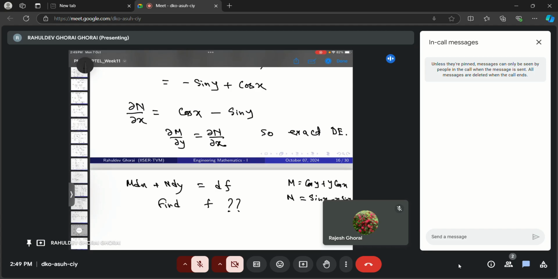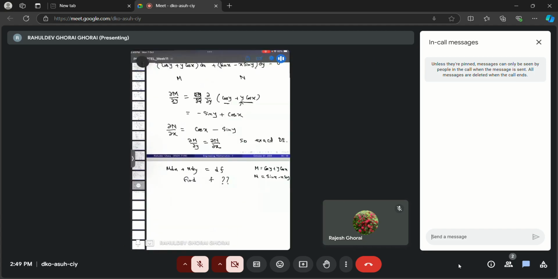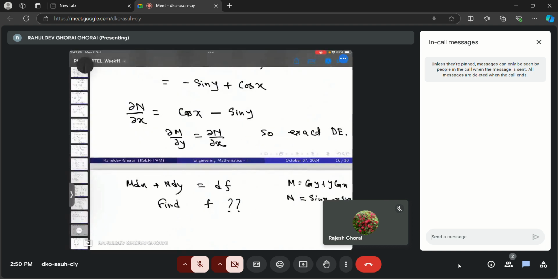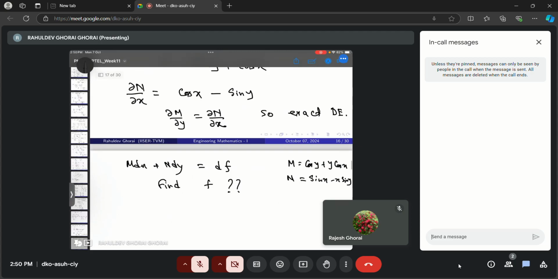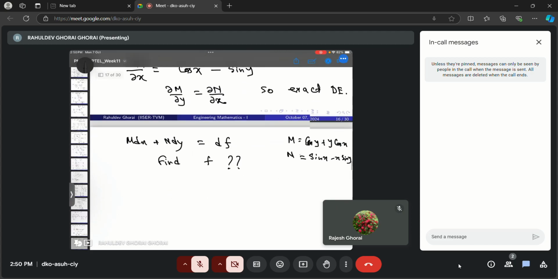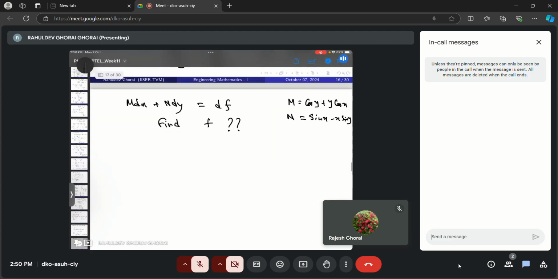Okay, so how do you find this f? As I said, whether there exists an f. So is it really true that it exists? For this equation, at least, we will see. So M is cos y plus y cos x, and N is sin x minus x sin y.